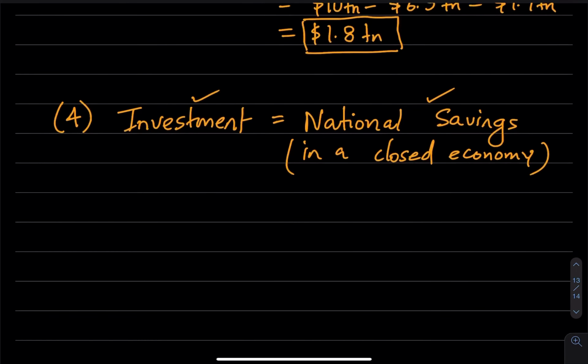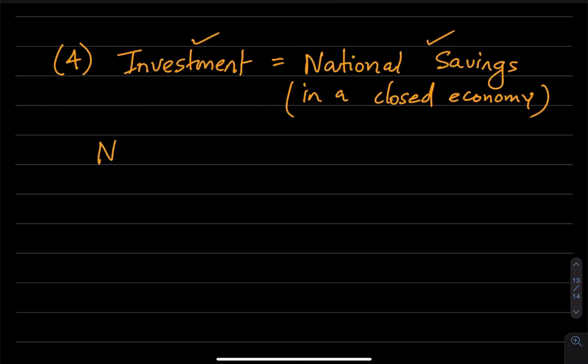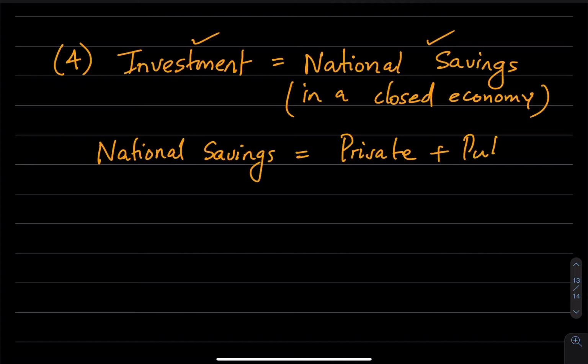Okay. So for national savings, there are two ways you can go about this. We know that national savings equals the sum of private and public savings. We've calculated either of these before. So you could just really add this up. That's the first way of going about this.